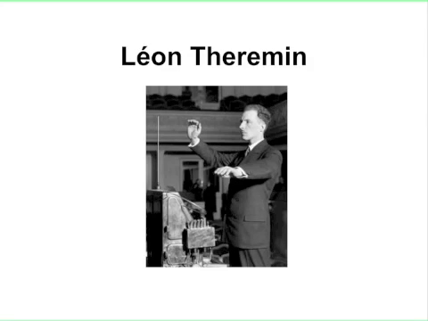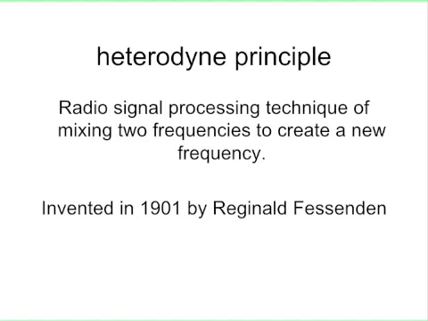It was developed by Leon Theremin, pictured here, who was doing research on motion sensors during the 1920s. Through his research, he began to study radio signal processing and came upon the invention of the theremin, which bears his name.